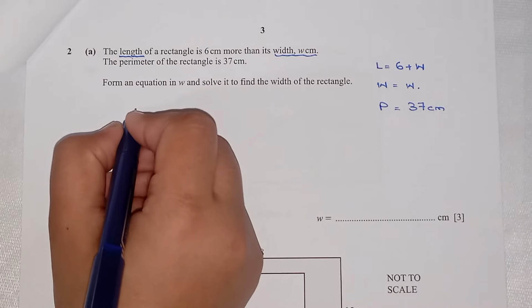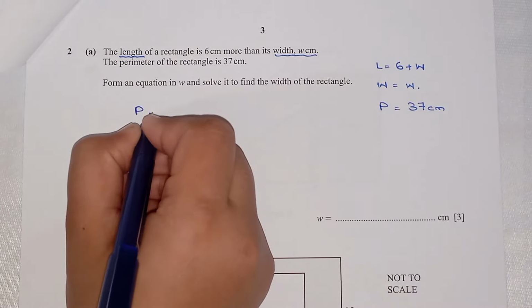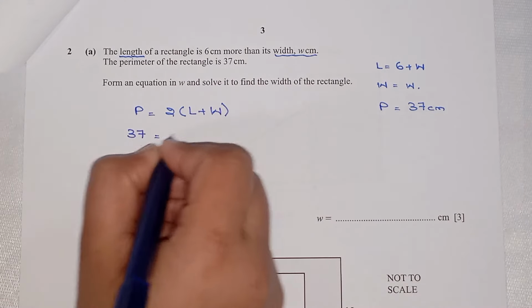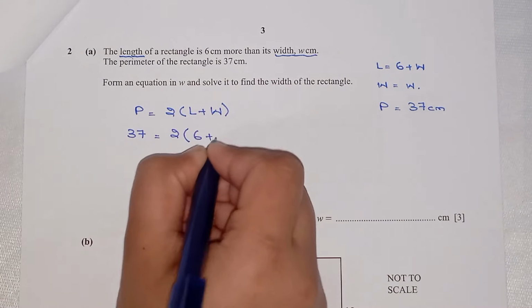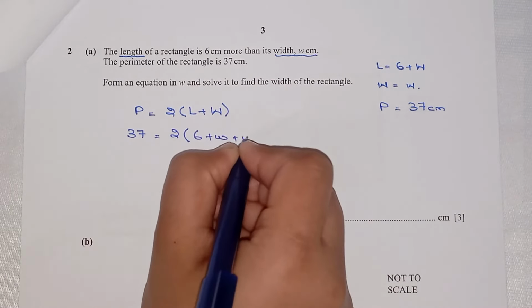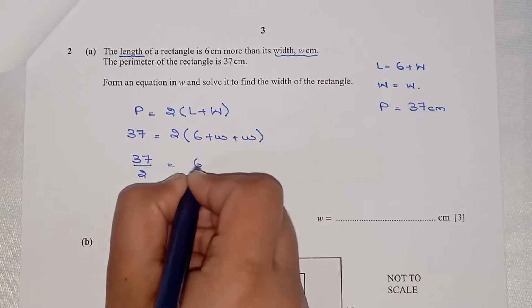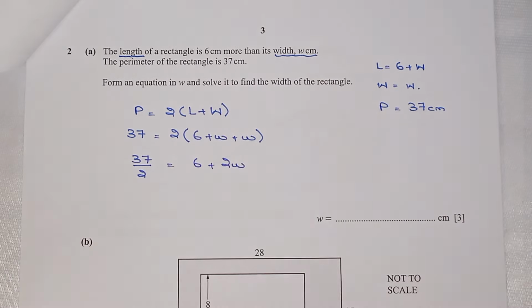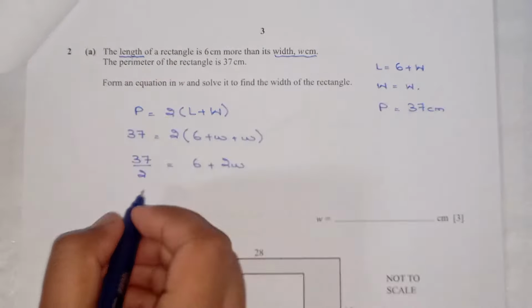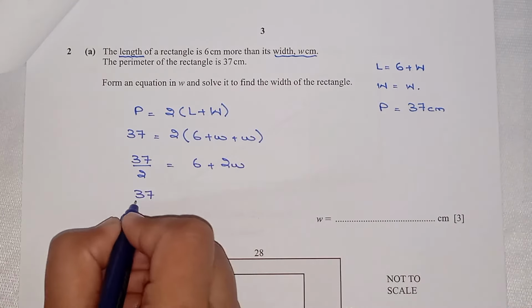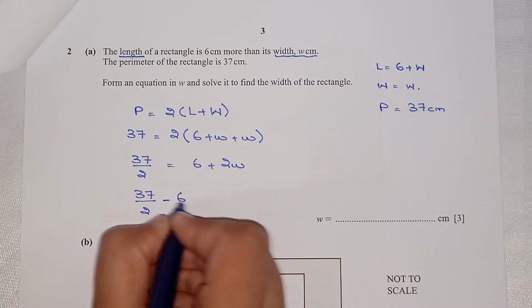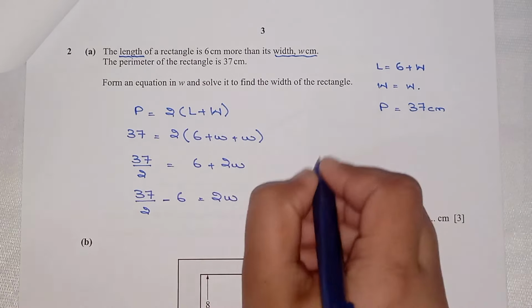Okay, so we can use the formula for the perimeter of a rectangle, 2 times length plus width. Since the perimeter is 37, this would be equal to 2 times length, which is 6 plus W, and the width is just W. Now we have 37 divided by 2 equals 6 plus 2W. To get the value for W, we do 37 divided by 2 minus 6 equals 2W.